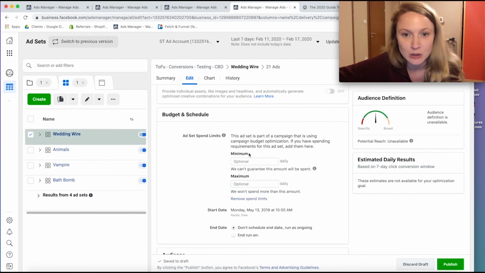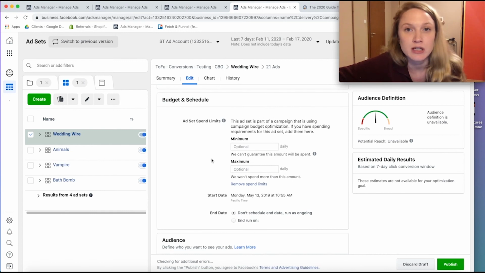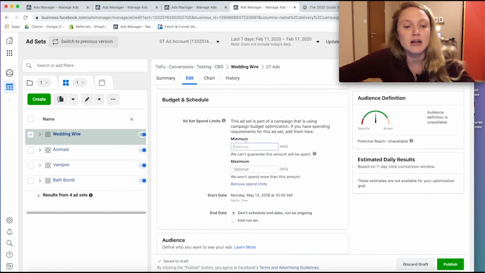So we definitely want to add an ad set spend limit here. And when you're testing, it's important that you make sure it gets a minimum budget. So this campaign budget daily is set at 200, and I would go ahead and put in 50 as the minimum spend.